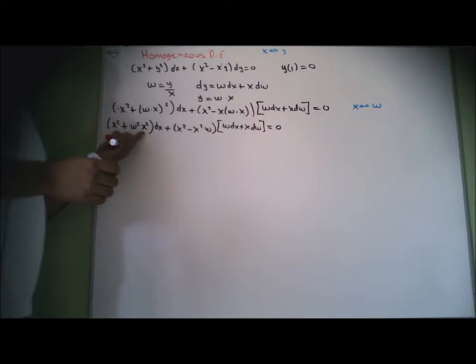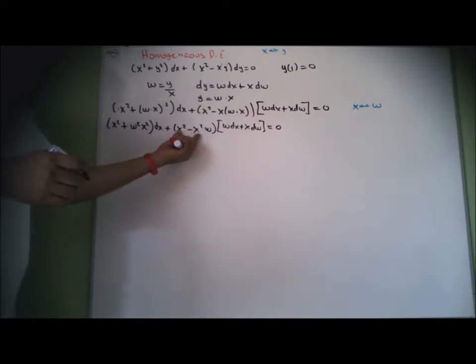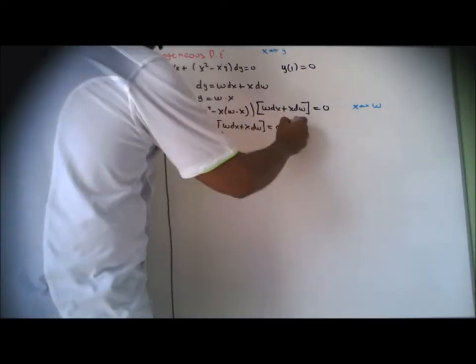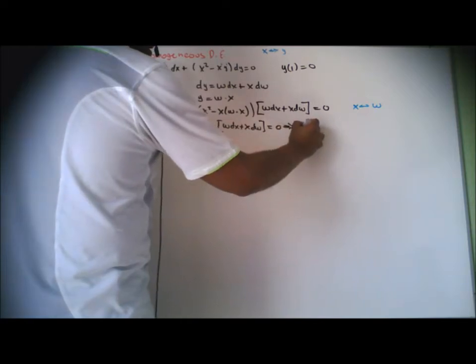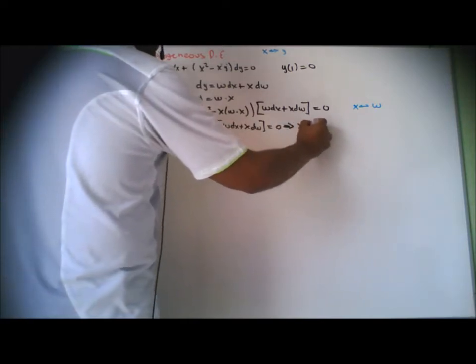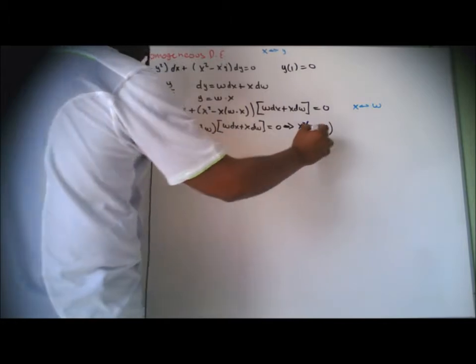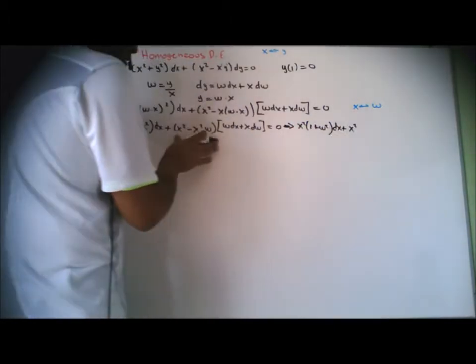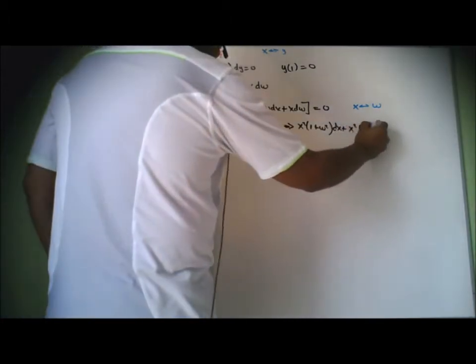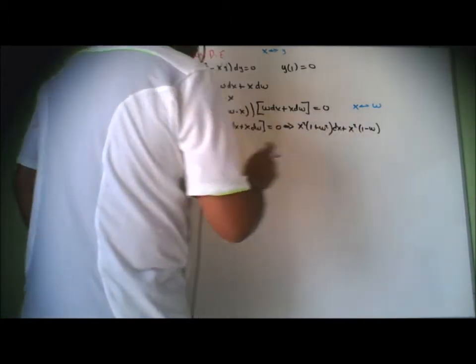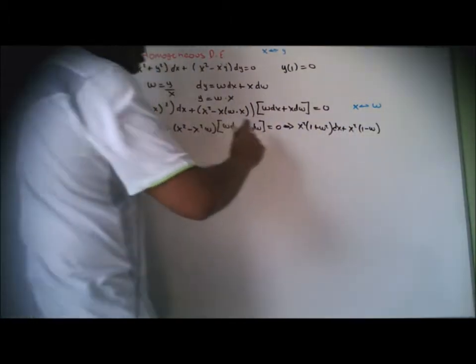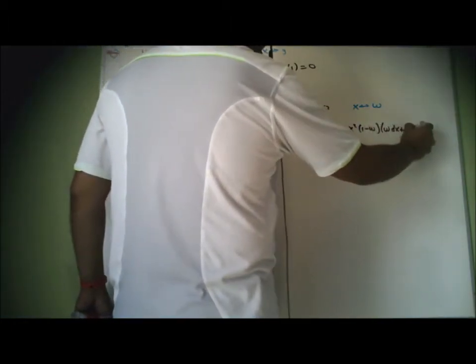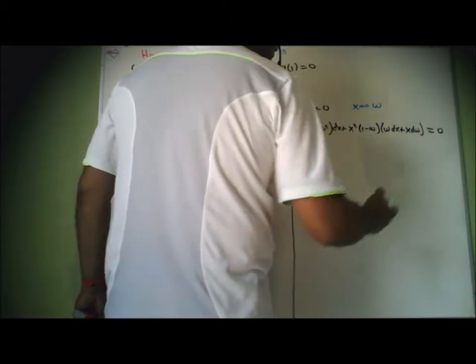I can factorize the x squared here, and also here. So it's x squared times 1 plus w squared, differential of x, plus x squared times 1 minus w, times w differential of x plus x differential of w, equals 0.